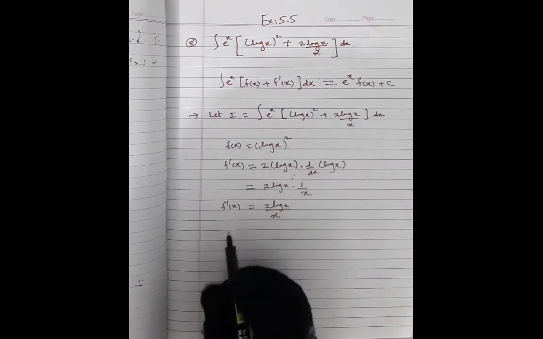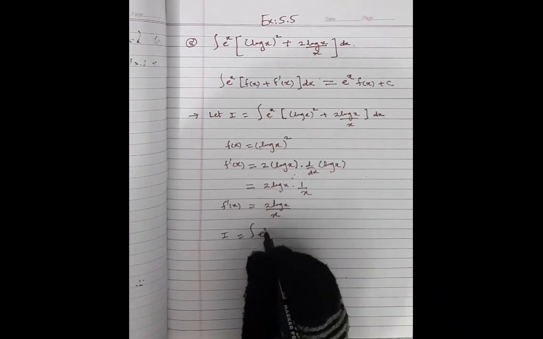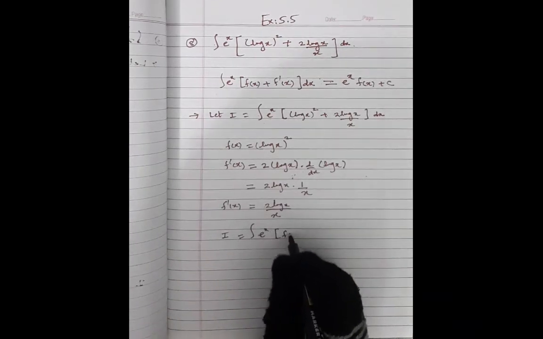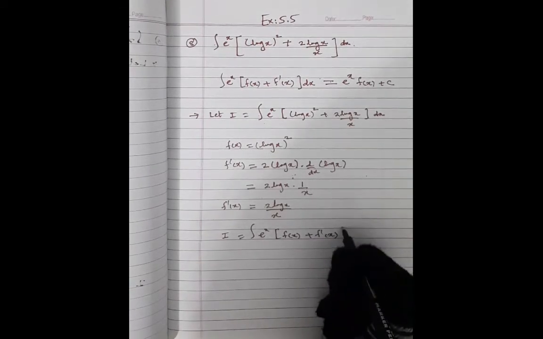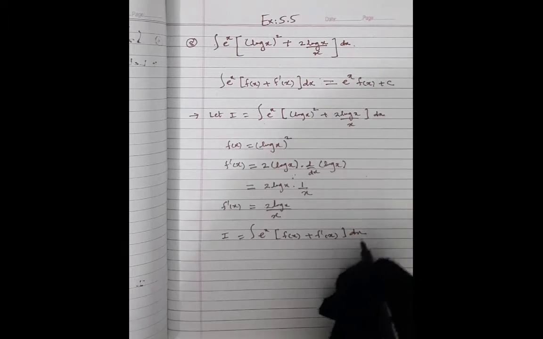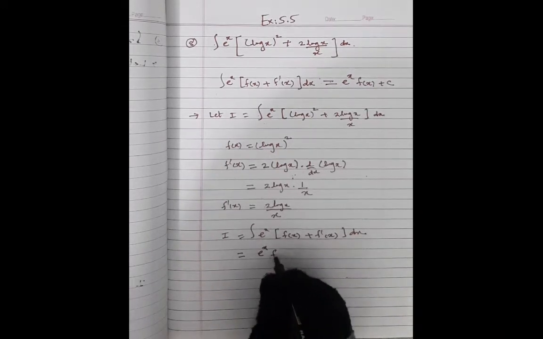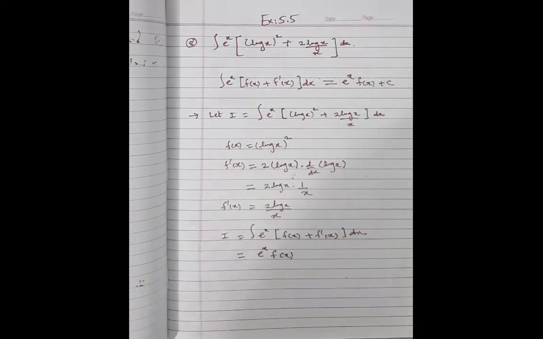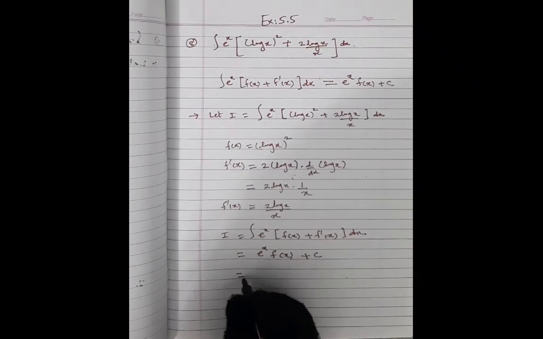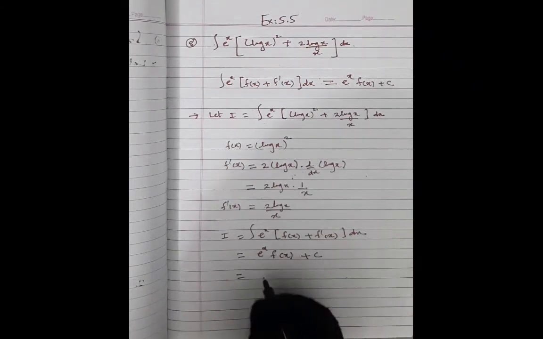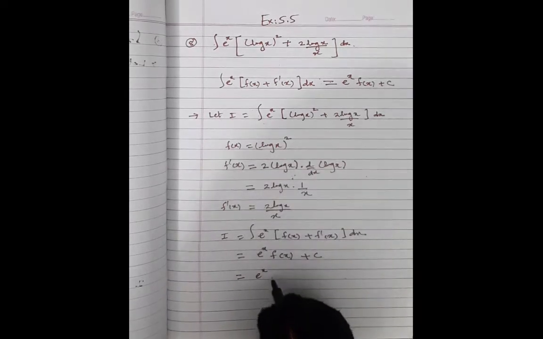So we will write this integration I in this form: integration of e raised to x into f of x plus f dashed x into dx. What is it? Integration is e raised to x into f of x plus c. What is our f of x? F of x is log x the whole square.